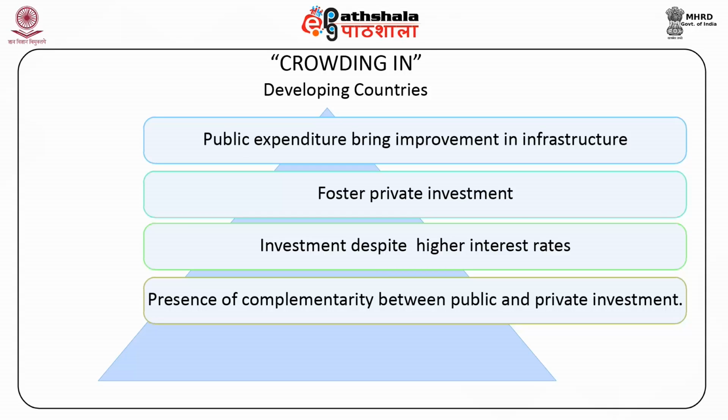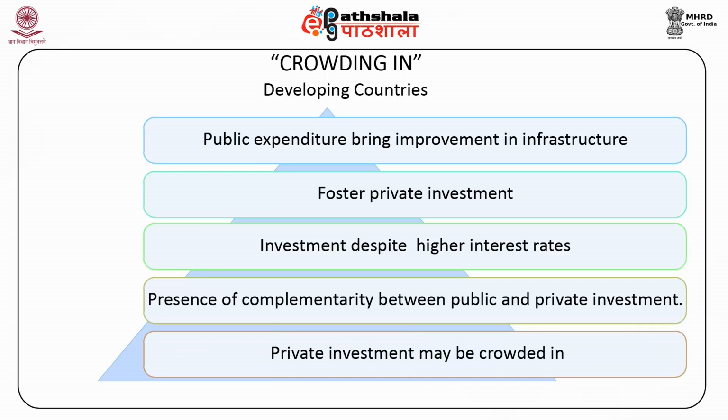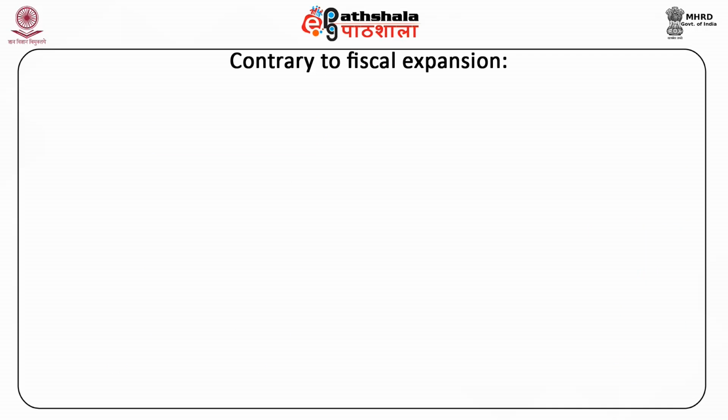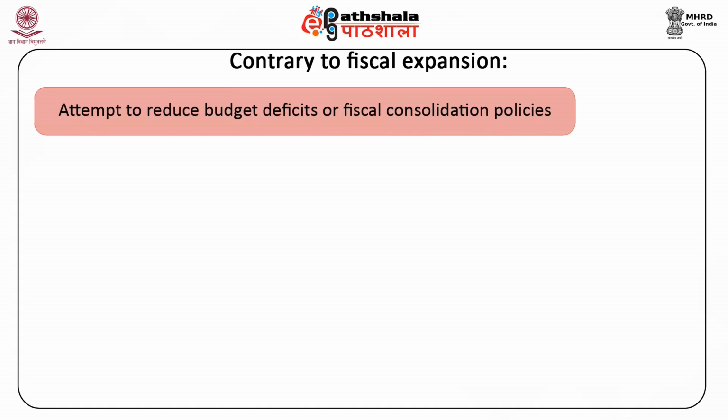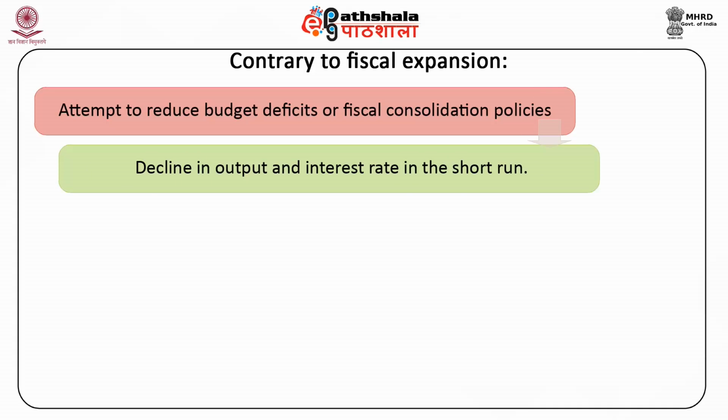In such cases, private investment may be crowded in. Contrary to fiscal expansion, an attempt to reduce budget deficits, or fiscal consolidation policies, leads to a decline in output and interest rate in the short run.